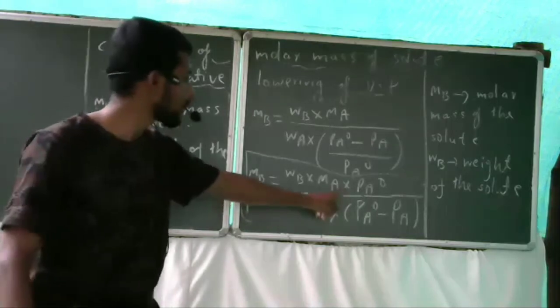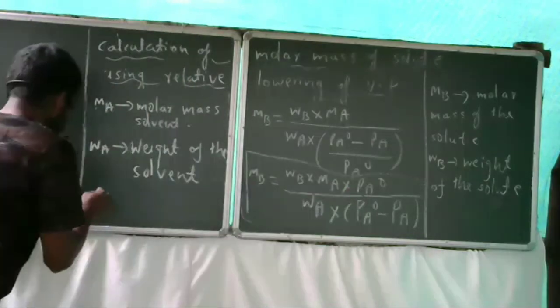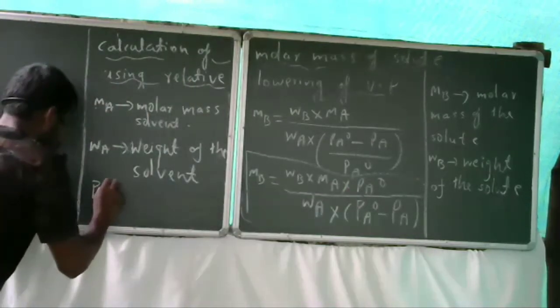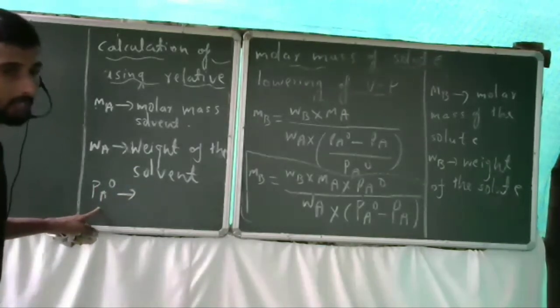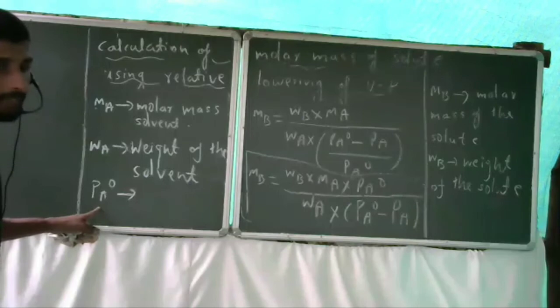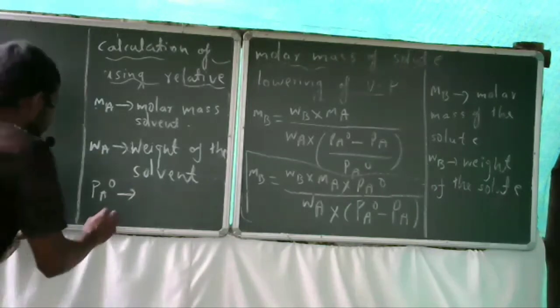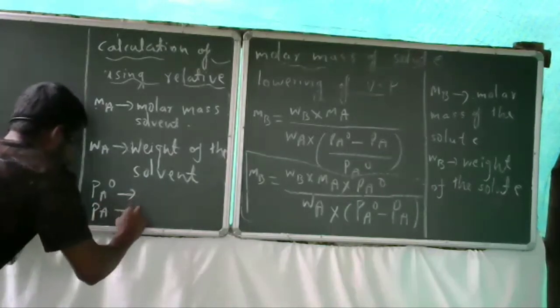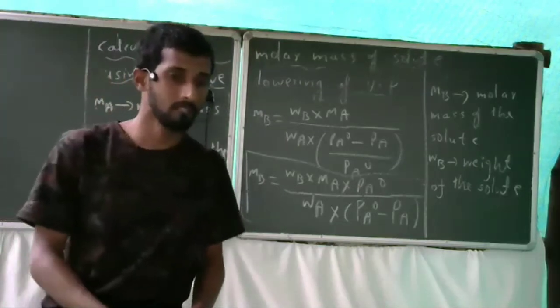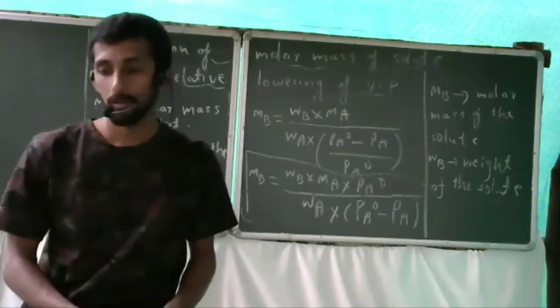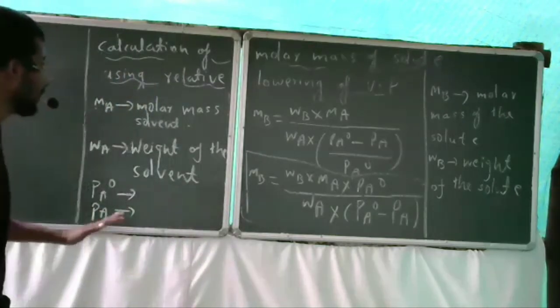Next, what is PA naught? PA naught is vapor pressure of the pure solvent. PA is vapor pressure of the solution. Okay, clear?